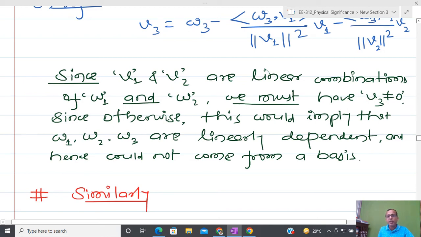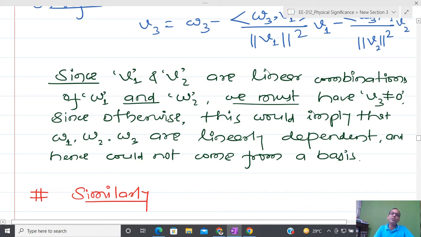Okay, so now suppose you write this algorithm with the help of some software, and suppose in some way you select W1, W2, W3 as linearly dependent elements, which means they do not form a basis. Then it is possible to show that somewhere inside, whenever you proceed, one of the quantities V1, V2, V3 becomes 0 and your algorithm will terminate.